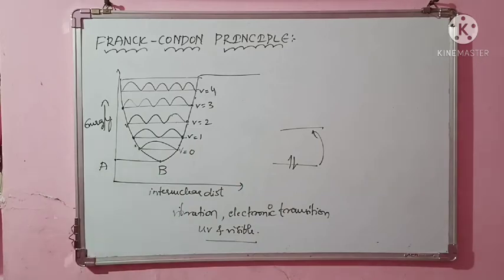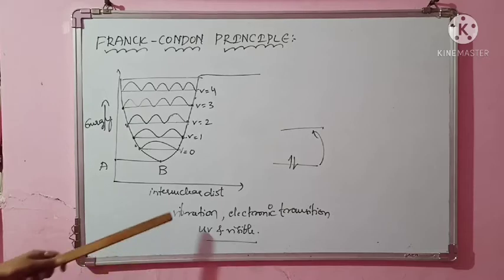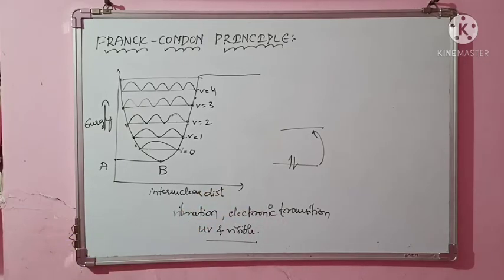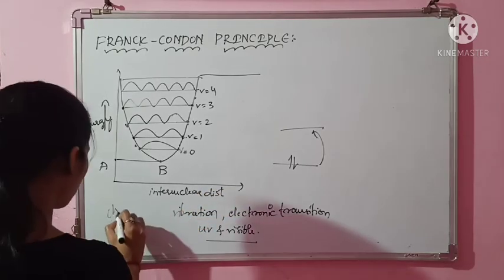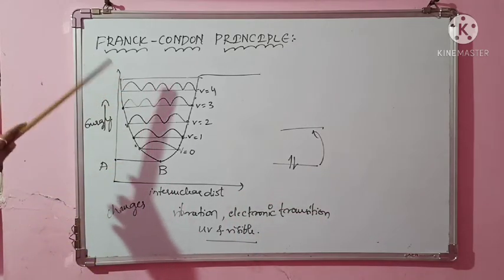Now we have to consider that situation. Clear? Now we will study the cases in which electronic transition also takes place along with vibration. Definitely there will be many changes, because if it was just vibrating, you saw what would happen.